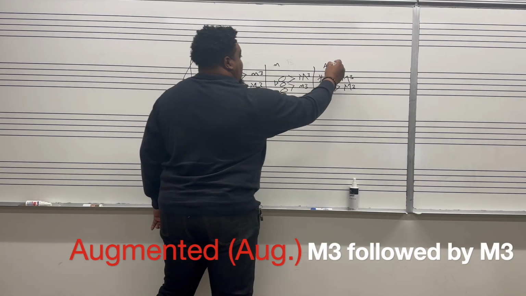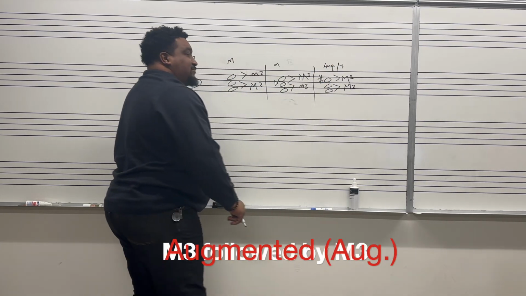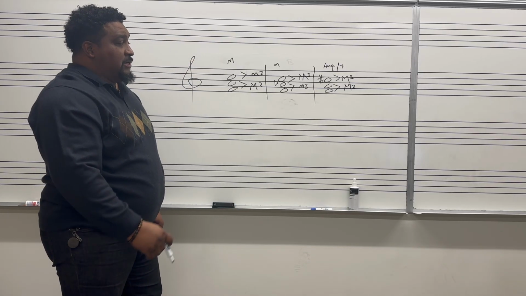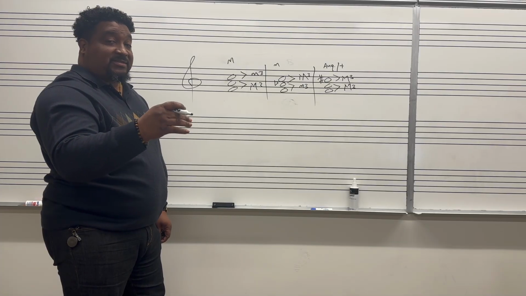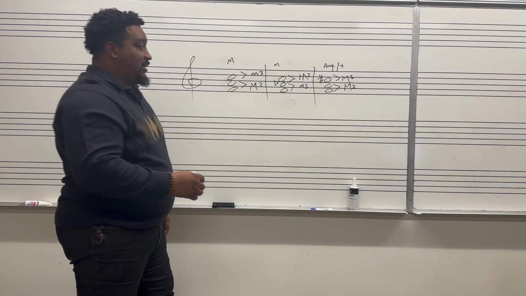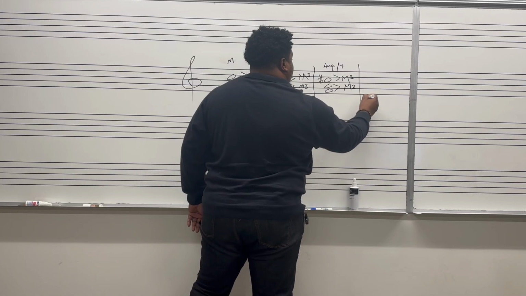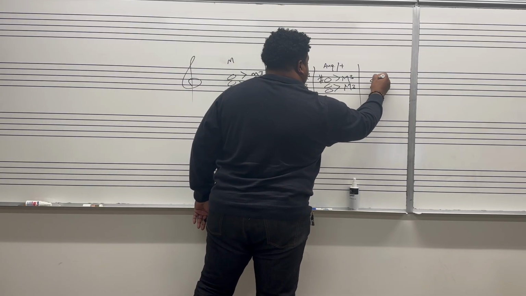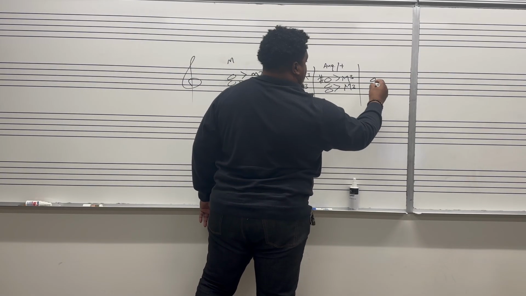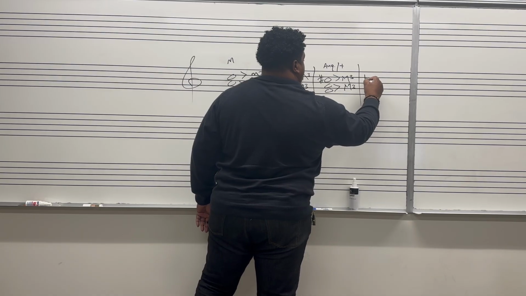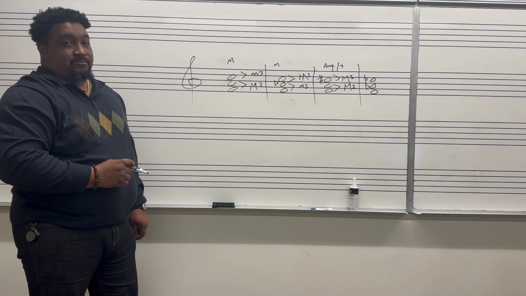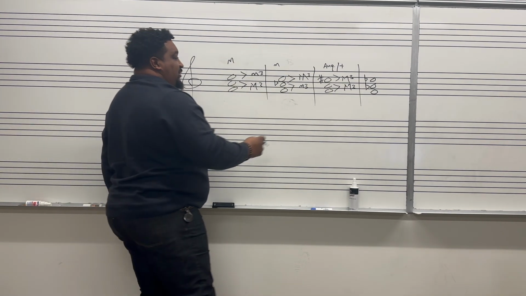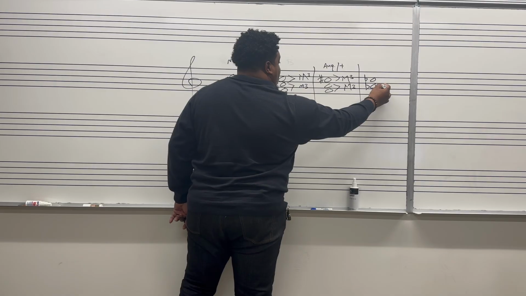So if we have a triad that has two major thirds, that's an augmented chord. Or sometimes you see just a plus sign. So F to A to C sharp, F, A, C sharp, that's an augmented triad. And then, if we have this, look at the thirds now. So we're at F to A flat.